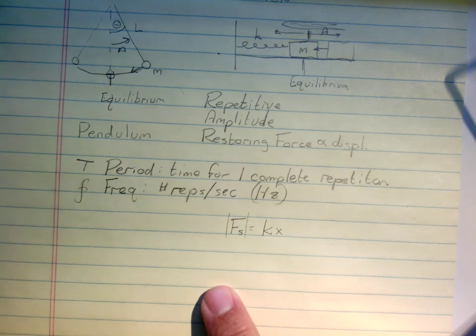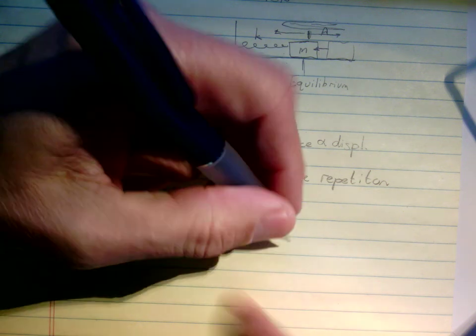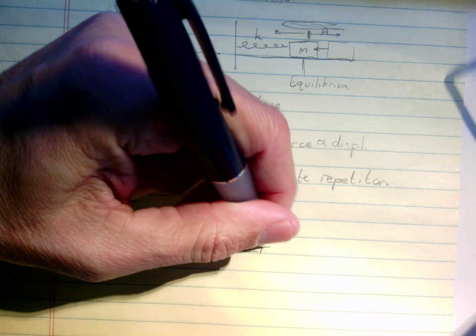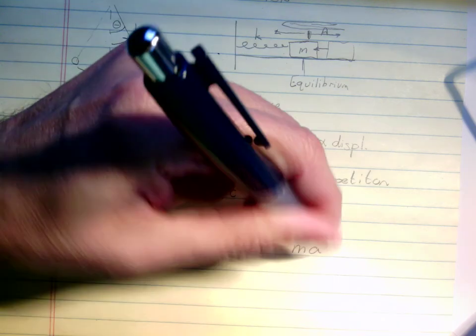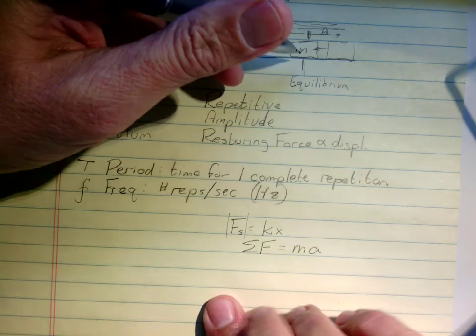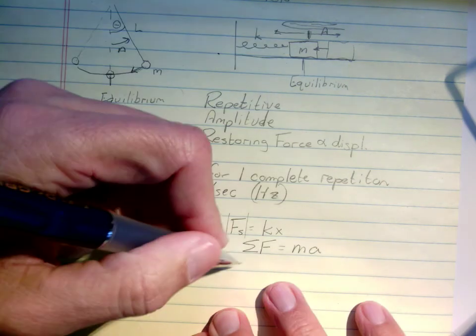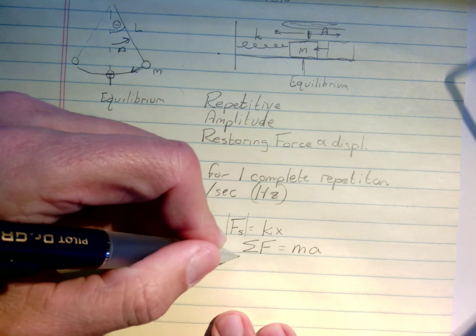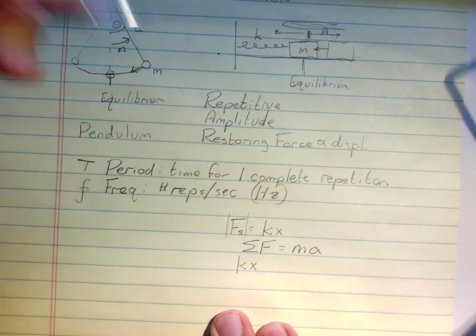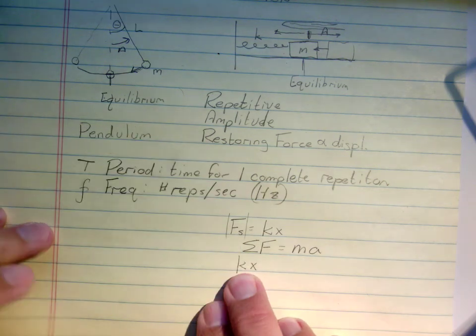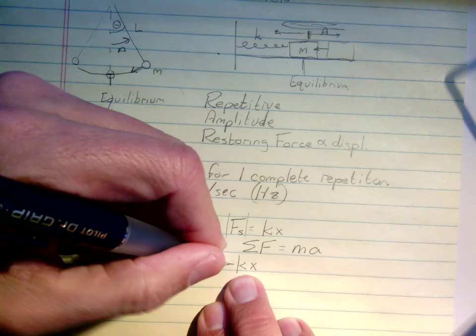And so we can use that with Newton's second law, equals ma. And if I call towards the center positive, then this displacement is going to be negative.